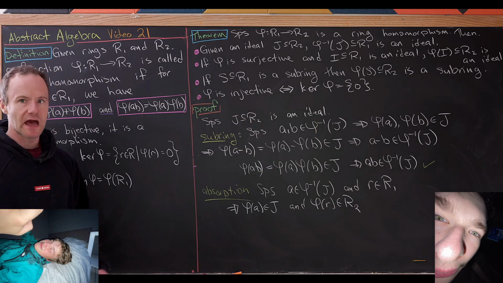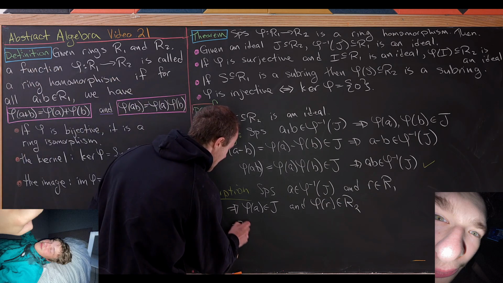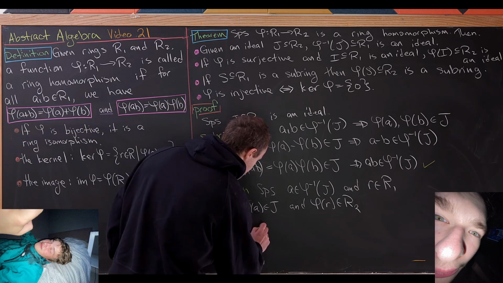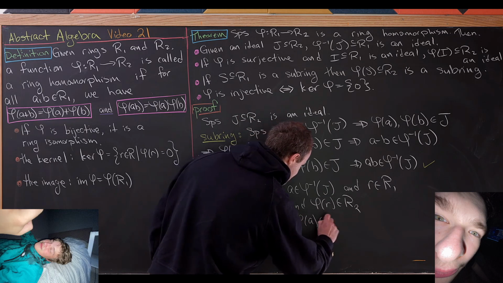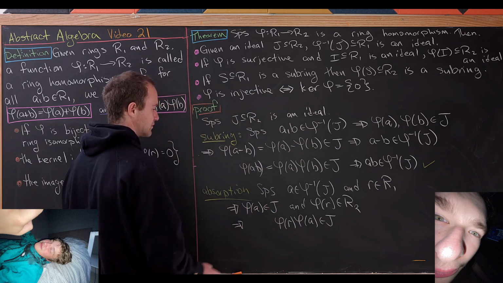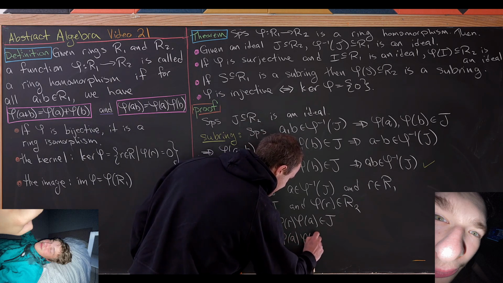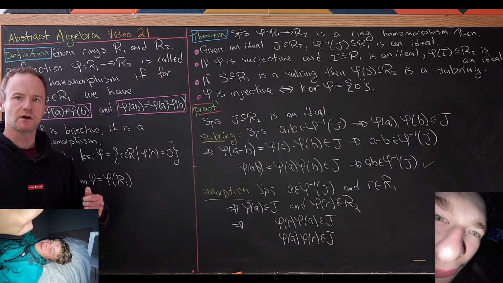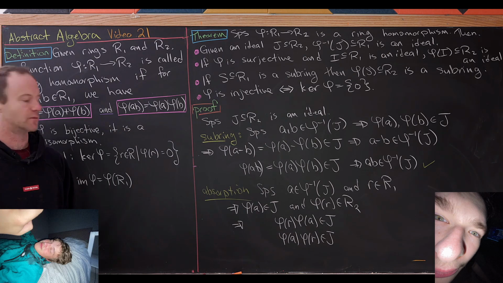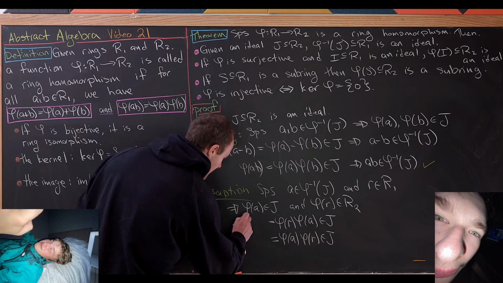But now, since J is an ideal, we know that it has the absorption property. So in other words, phi of R times phi of A is inside of J by the absorption property for J, and phi of A times phi of R is inside of J. Remember, we have to go from both directions here because we don't necessarily have commutativity of multiplication. But now we can smash these together both ways.